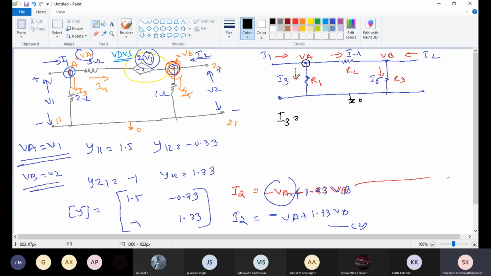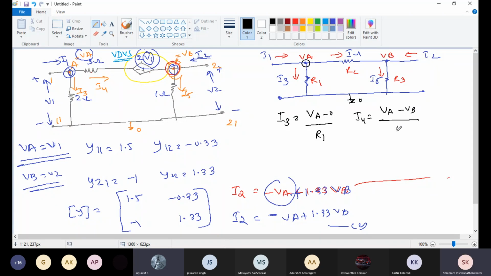Tell me the formula for this branch current. Sir, I3 is VA minus 0 by R1. For I4, it will be VA minus VB divided by R2.